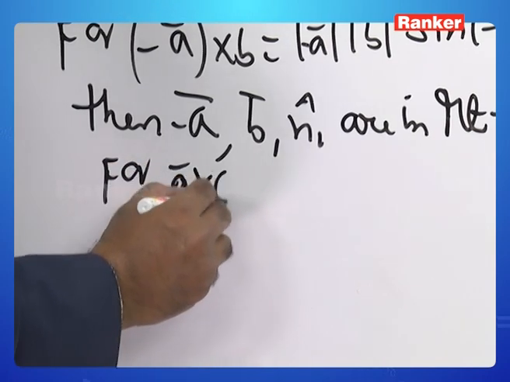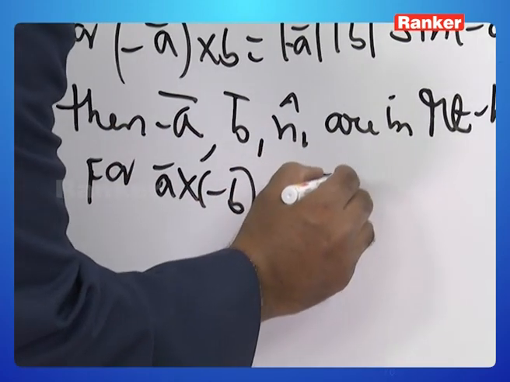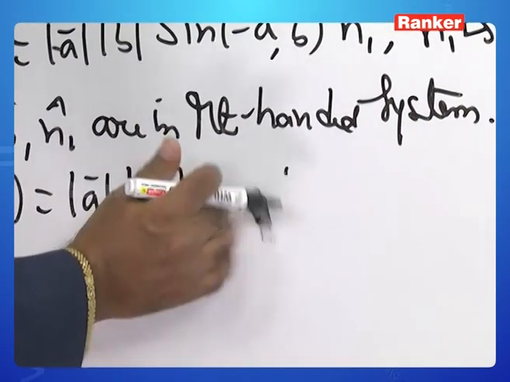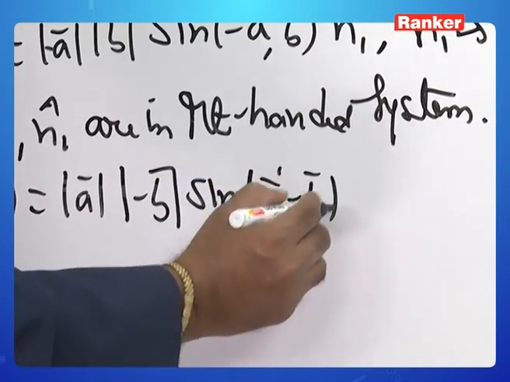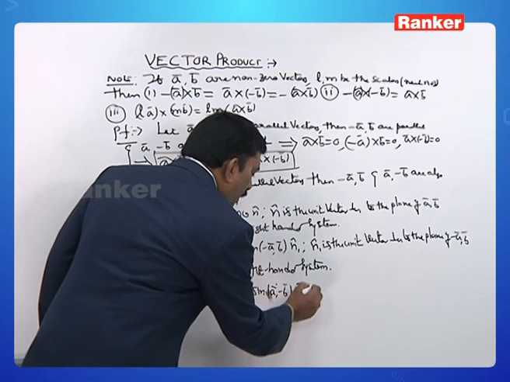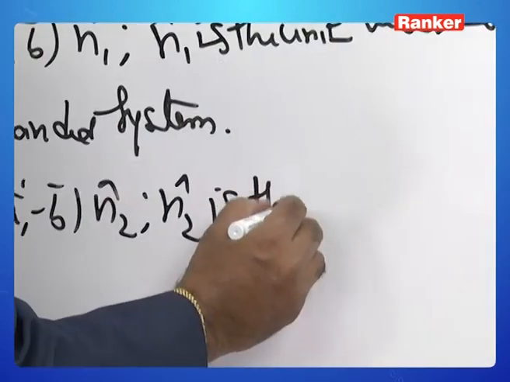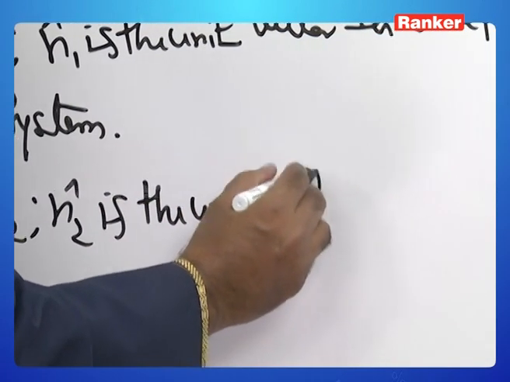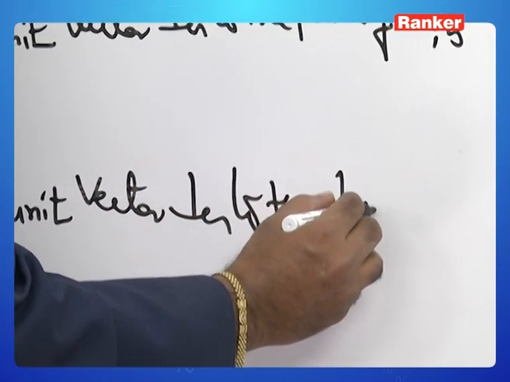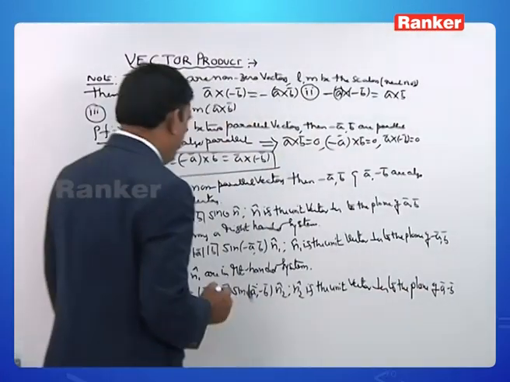Then for A bar cross minus B bar is equal to modulus of A bar, modulus of minus B bar, into sine theta, that is the sine of the angle between A bar, minus B bar, into n2 cap, where n2 cap is the unit vector perpendicular to the plane of A bar, minus B bar.